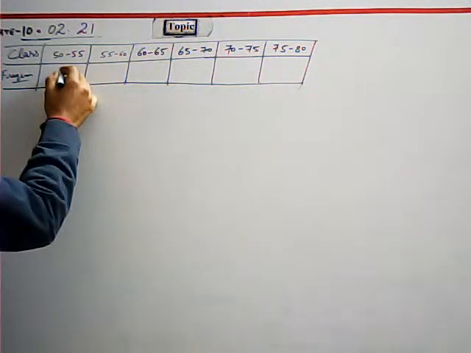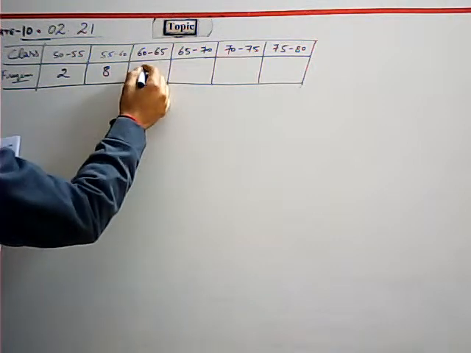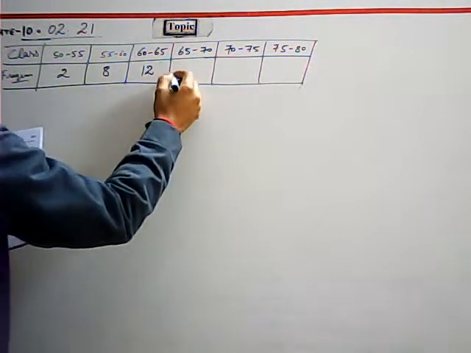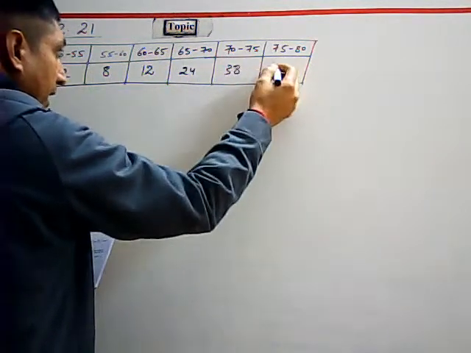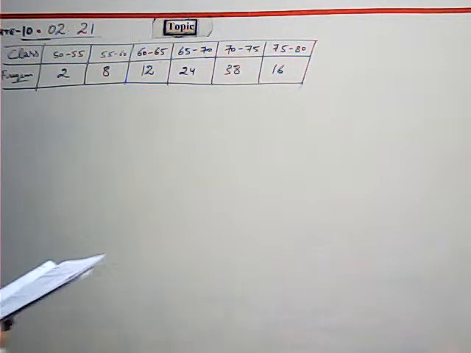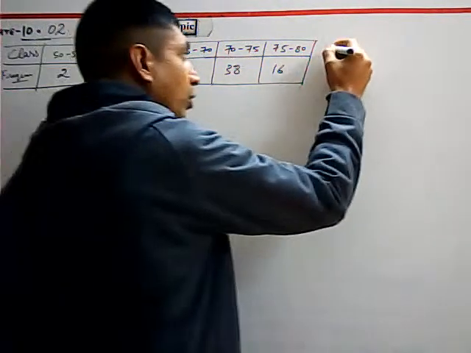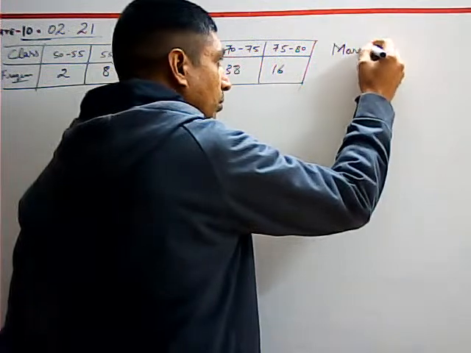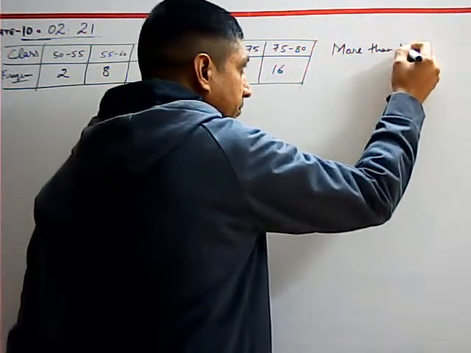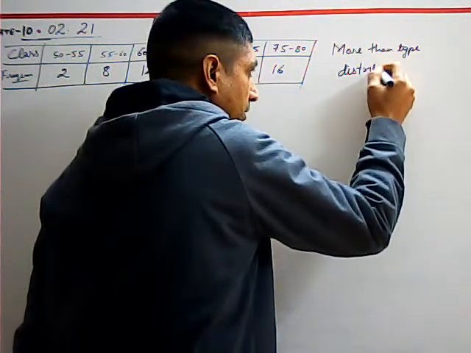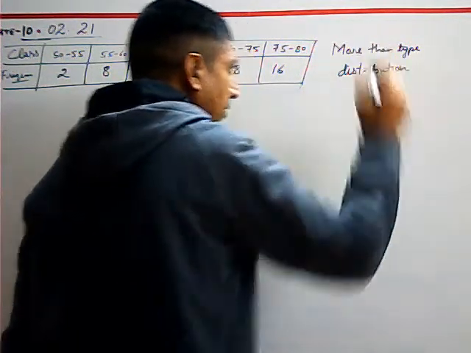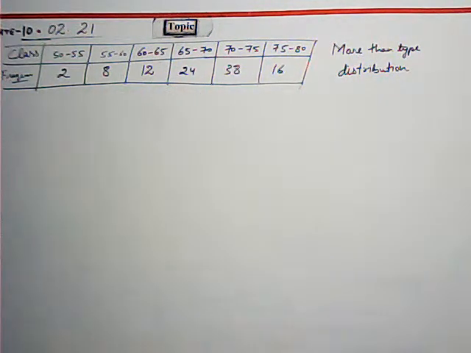And the frequencies are 2, 8, 12, 24, 38, and 16. So convert the following data into more than type distribution, right? More than type distribution.